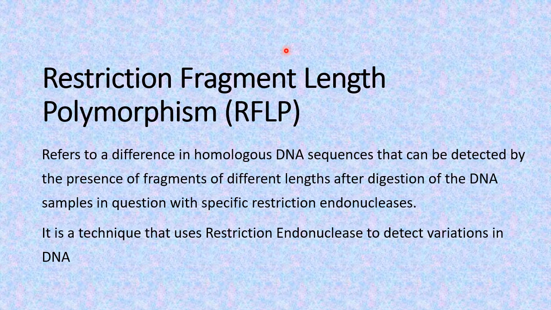And this polymorphism is made use of as the molecular marker. Now, this technique uses the activity of the restriction endonuclease enzyme in order to detect the variations in the given DNA segment.